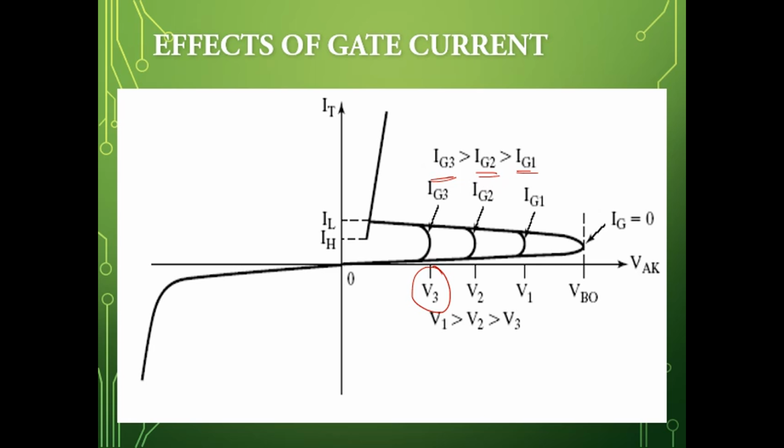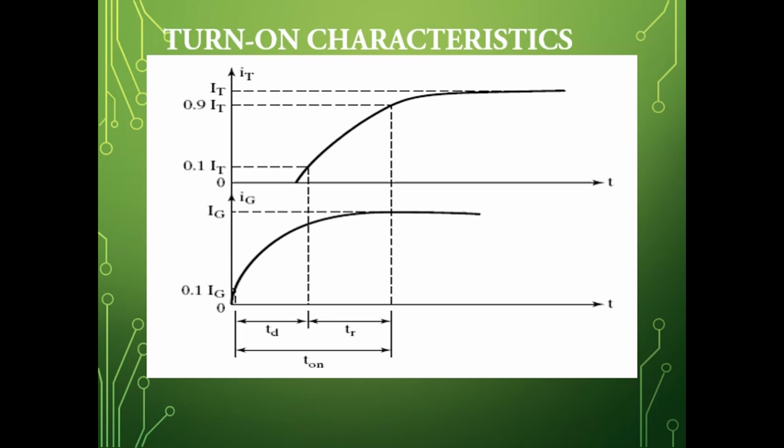So if Ig3 is very high compared to Ig1, then V3 is very less compared to V1. This shows how, for different values of gate current, the forward breakover voltage or forward blocking voltage decreases. Next, we will see the turn on and turn off characteristics of SCR.